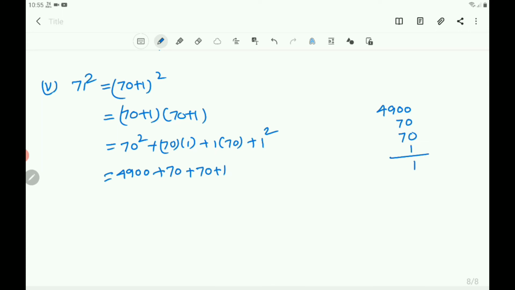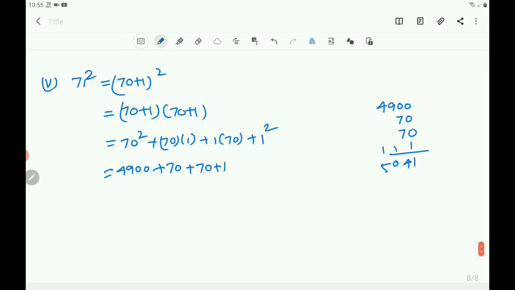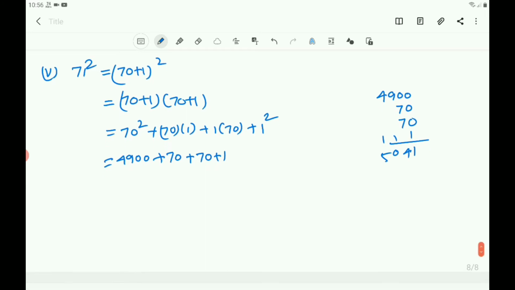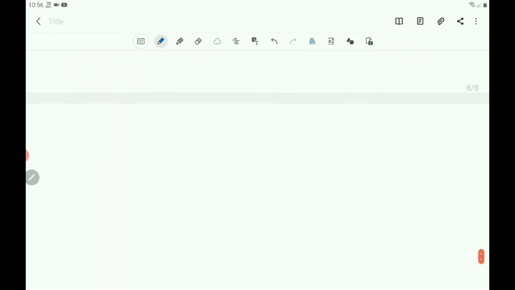The sum is 5041. Therefore, 71 square equals 5041.